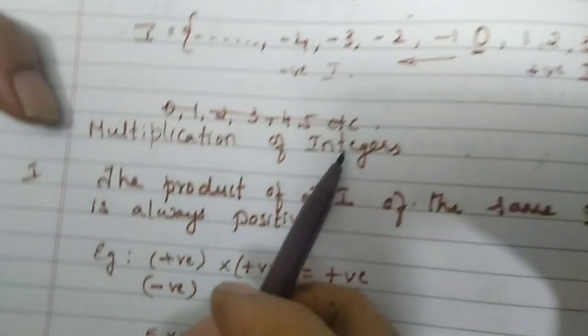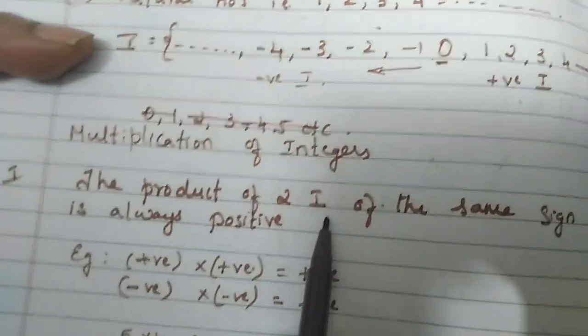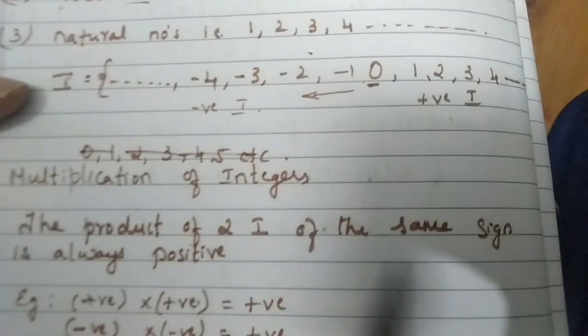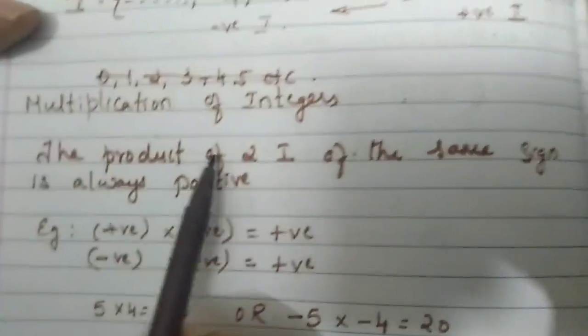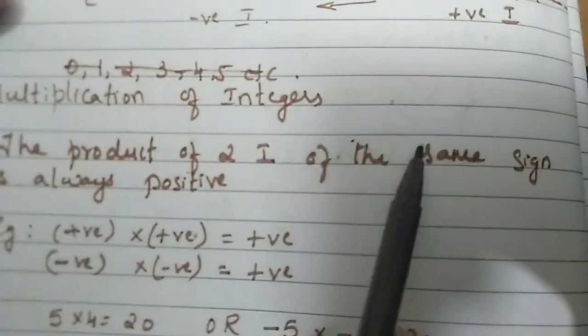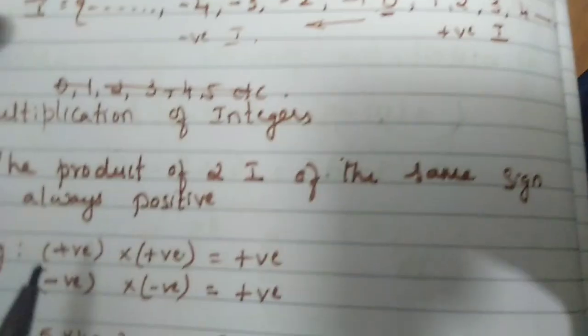Now let's check out the multiplication of integers. The product of two integers of the same sign is always positive. I repeat this. The product of two integers of the same sign is always positive. For example, let's see.